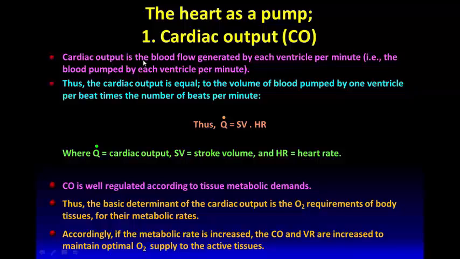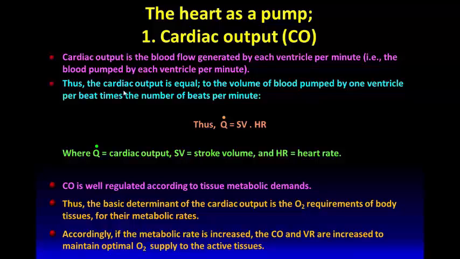So one of the major functions of the left ventricle and the right ventricle as the central pumps of the cardiovascular system is to provide cardiac output. The outputs of the two ventricles are equal.